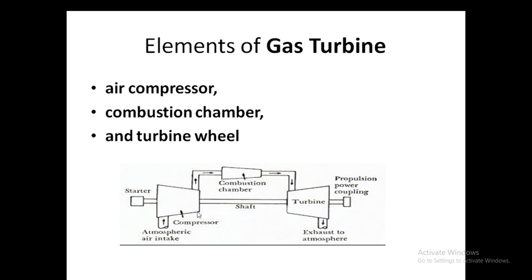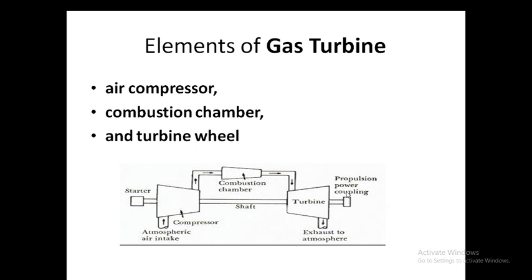As the air compressor starts compressing the air, the compressed air is supplied to the combustion chamber. Inside this combustion chamber fuel is supplied and burned, and the burnt gases have very high pressure and high temperature. When this high pressure gas is sent to the turbine, the turbine blades start rotating, and the turbine also rotates the shaft coupled to it.